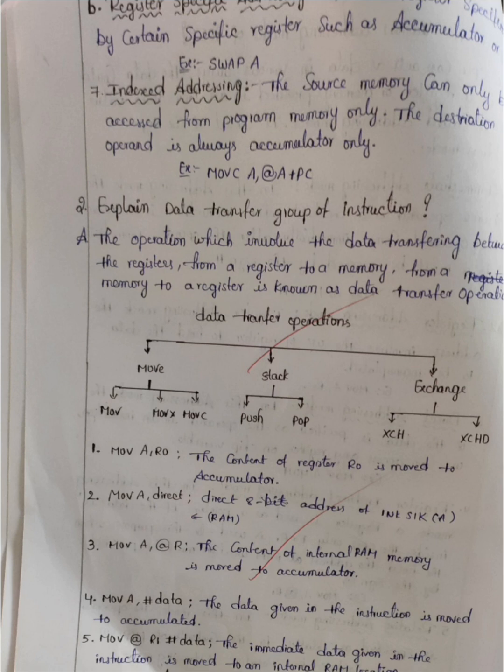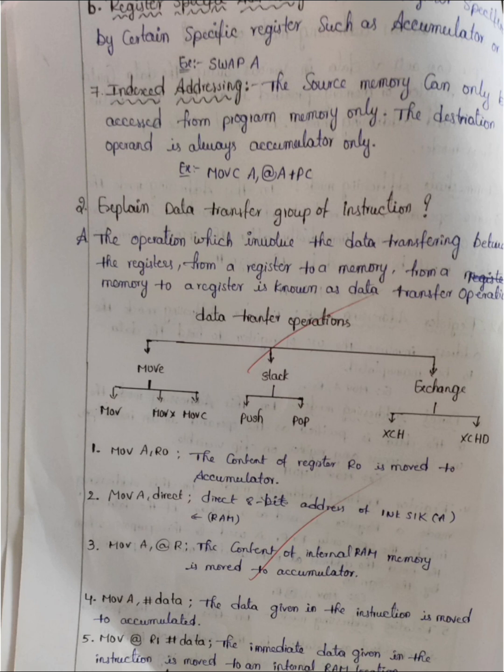MOV A, R0: the content of register R0 is moved to the accumulator. MOV A, direct: the direct 8-bit address content of internal RAM is moved to the accumulator. MOV A, @Ri: the content of the internal memory is moved to the accumulator.